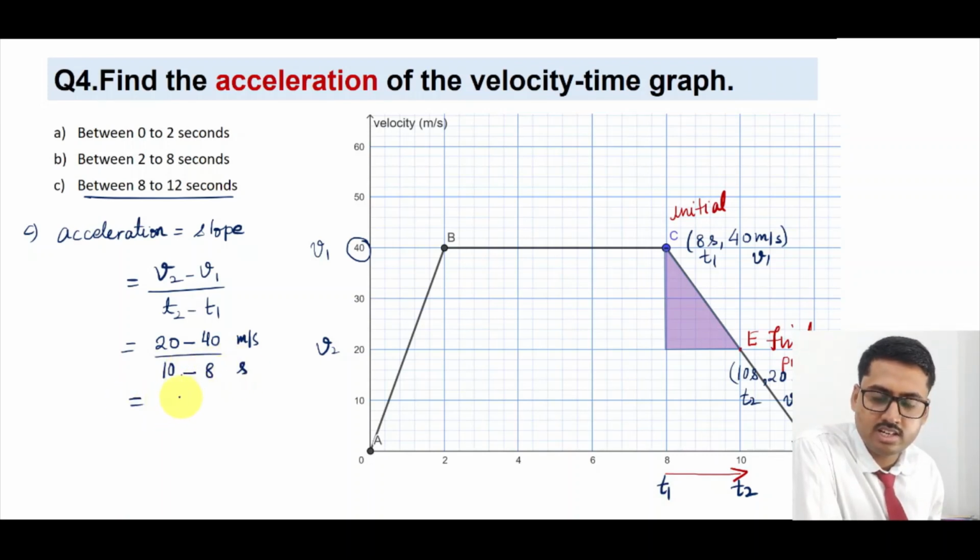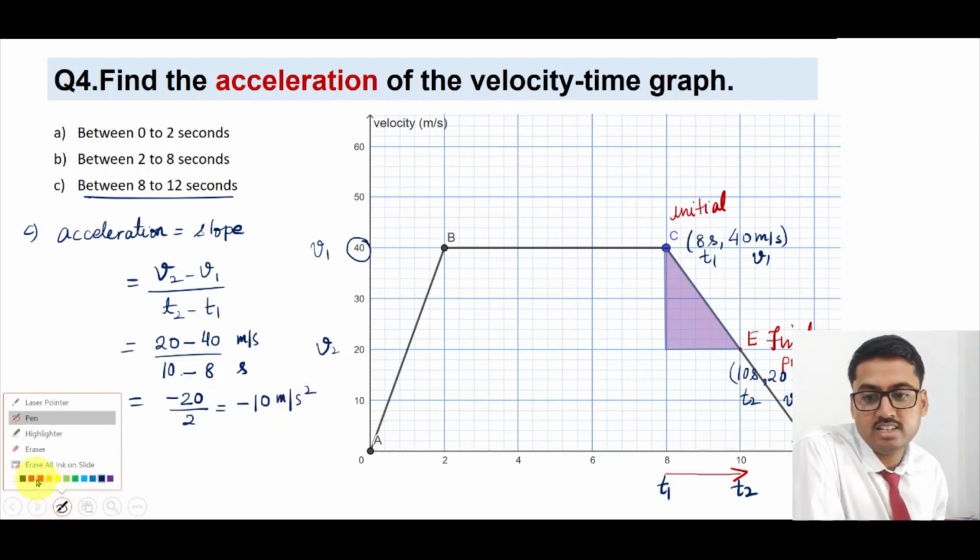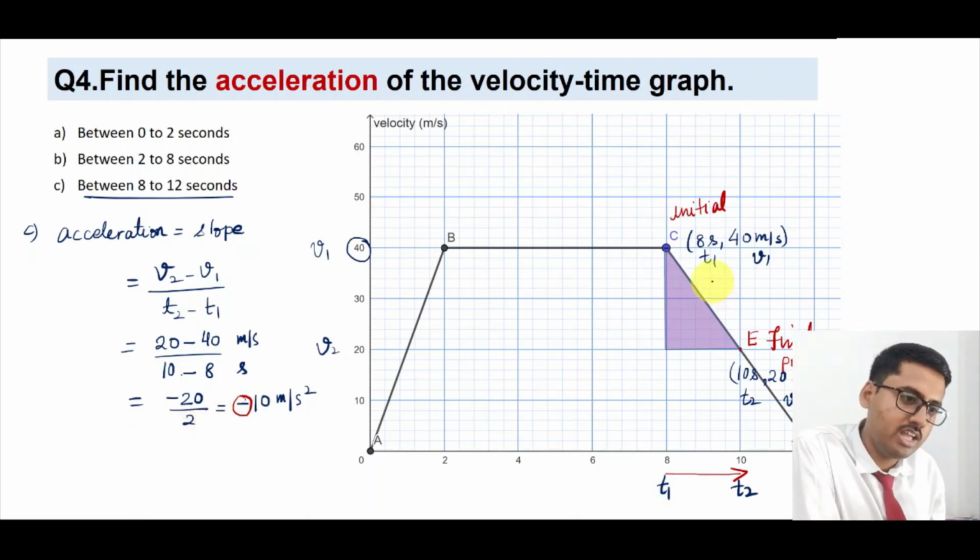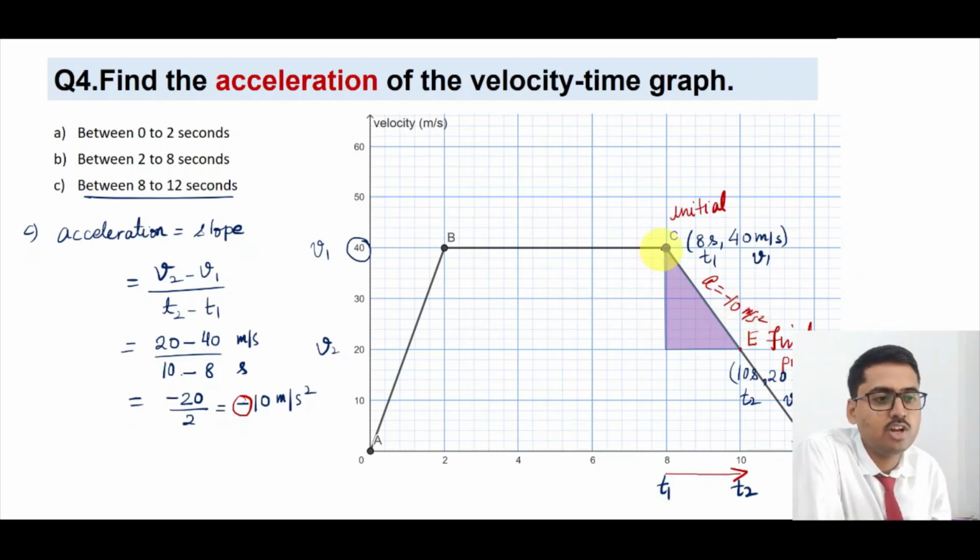So you can see the answer is minus 20 by 2 and the answer is coming negative 10 meter per second square, which means that the object has a negative acceleration. So the a is coming as minus 10 meter per second square, which means that the velocity of the object is decreasing. So decreasing velocity means that the object has got negative acceleration, which is also called retardation.